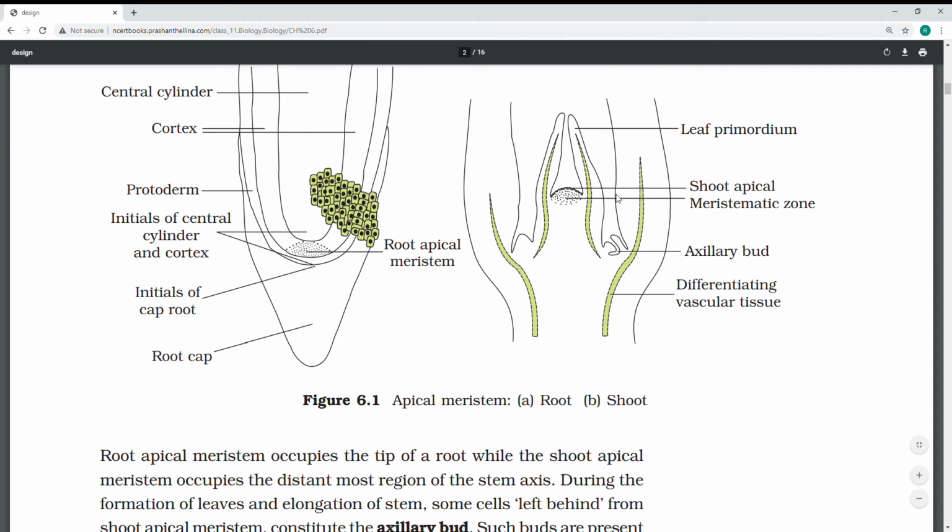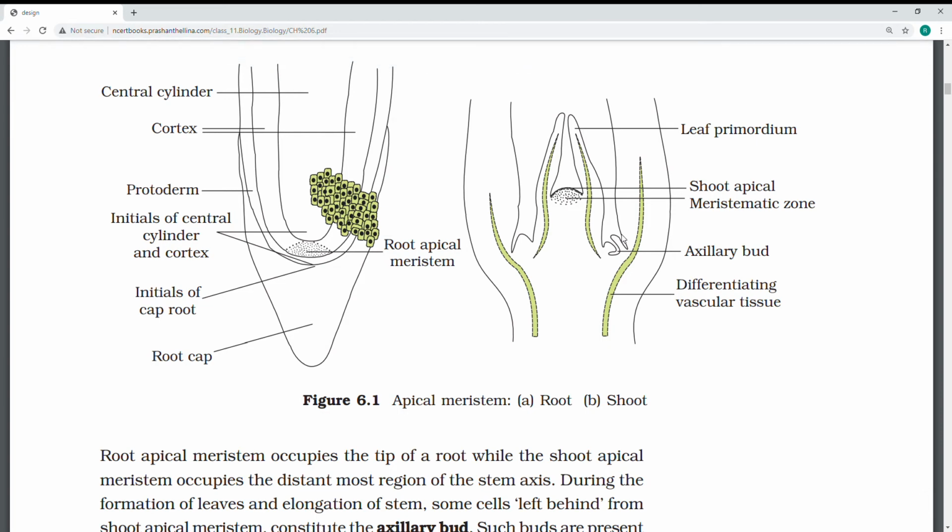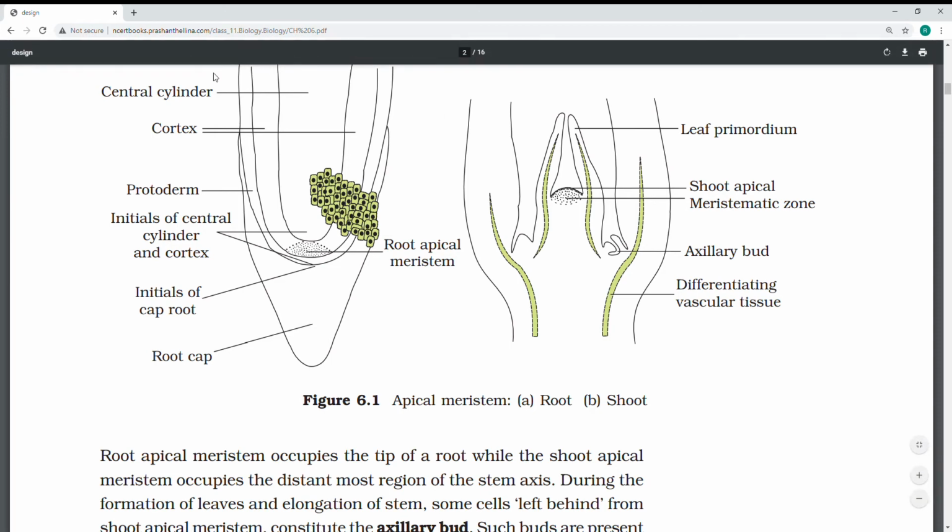See the apical bud on the shoot at the tip, where the leaves and the flower bud come. These apical meristems, for the root or stem, are present at the extreme tip of the shoot or root.